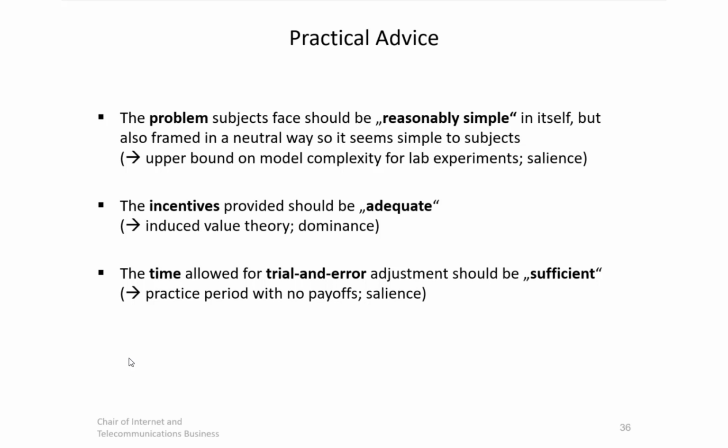The incentives provided should be adequate, that is the induced value theory, where dominance plays a role. And finally, the time allowed for trial and error should be sufficient so that the subjects learn how to actually play, such that their payoffs and the action you're trying to get from them match.